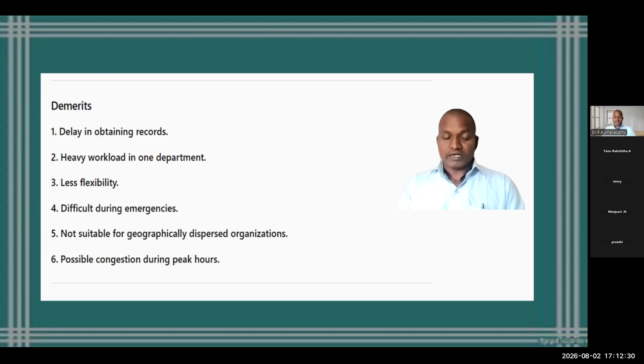One department is here, another department in Coimbatore, a third department in Chennai, a fourth department in Bangalore. When the organization is dispersed geographically in different places, it is very difficult to get the file or to collect the data and to take the right decision at the right time. Then possible congestion during peak hours, because all the files of different departments are stored in one place.